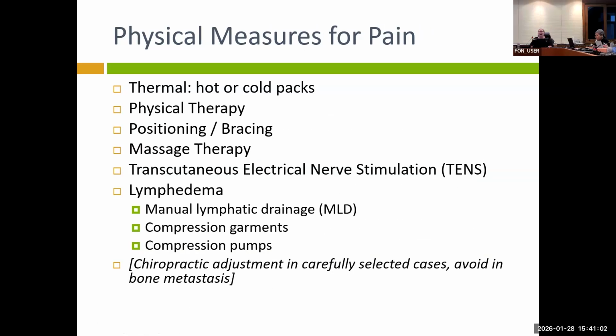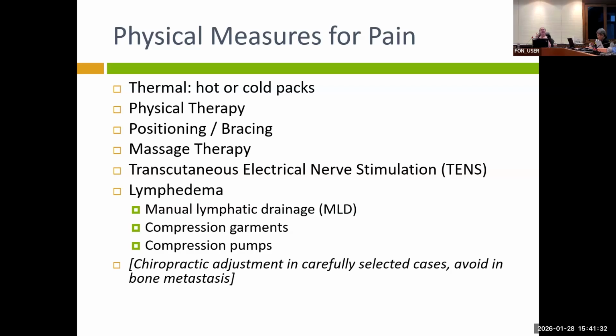So when we look at the physical measures for pain, we're looking at some of the thermal, the hot or cold packs, physical therapy, positioning and bracing especially helps, massage therapy. And some of my patients really do well with TENS units, the electrical stimulation, nerve stimulation.